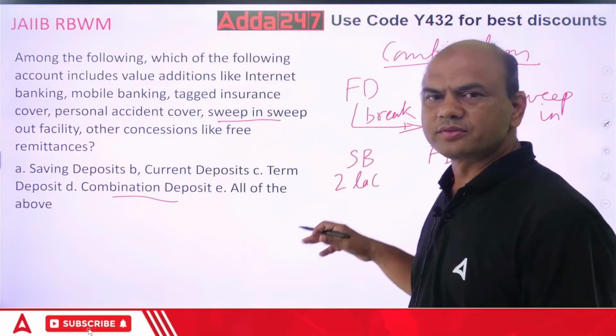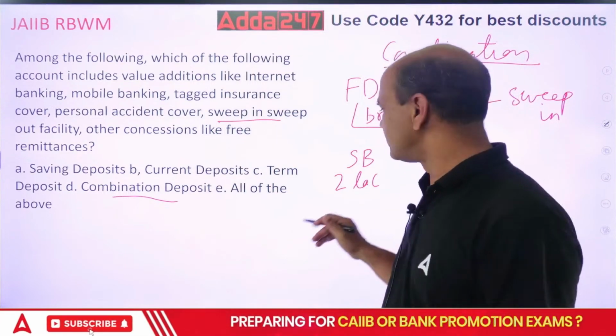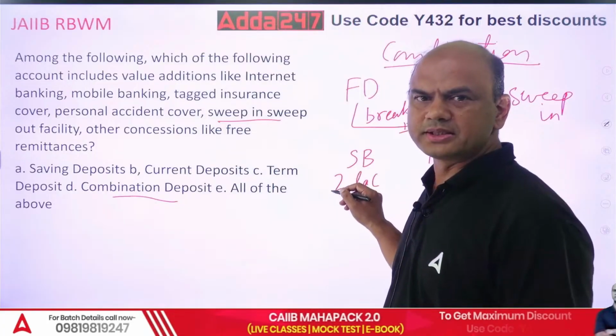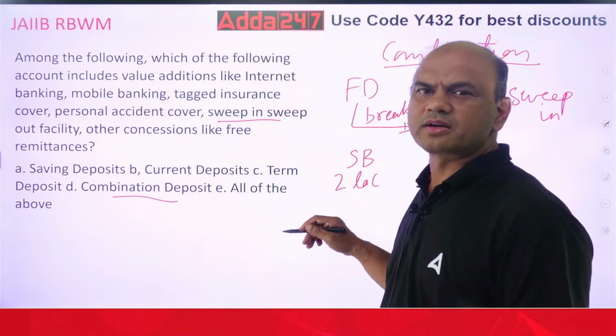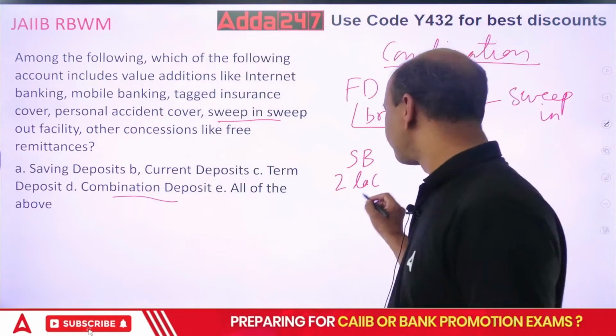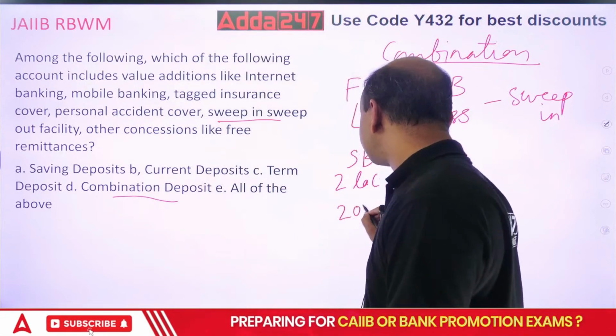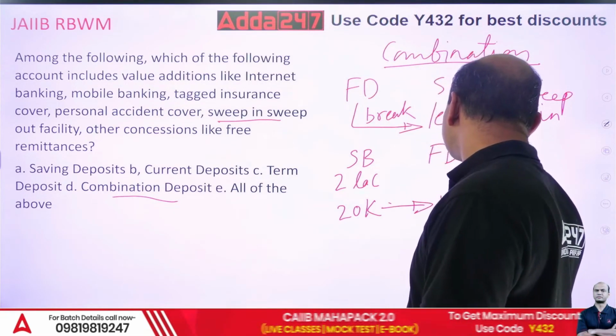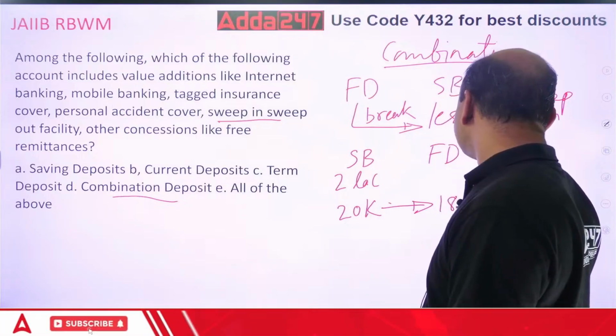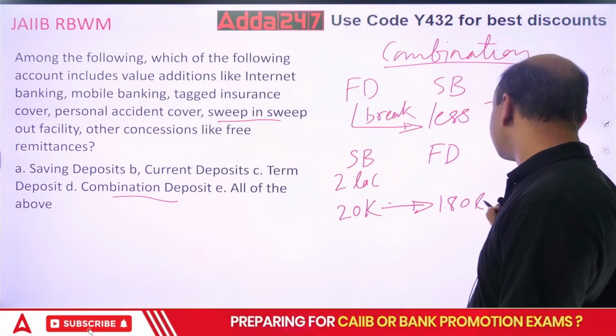So bank says, keep this minimum balance, MAB, plus something if you want. You want 15,000 extra, keep 20,000. So 20,000 in savings and the remaining 1.80 lakhs, you make it an FD.